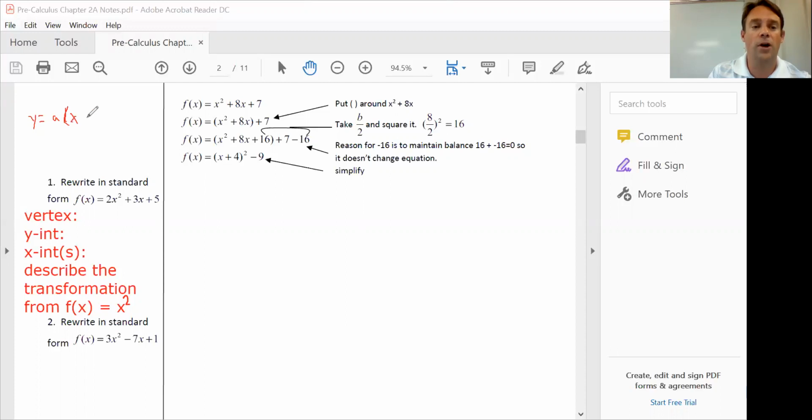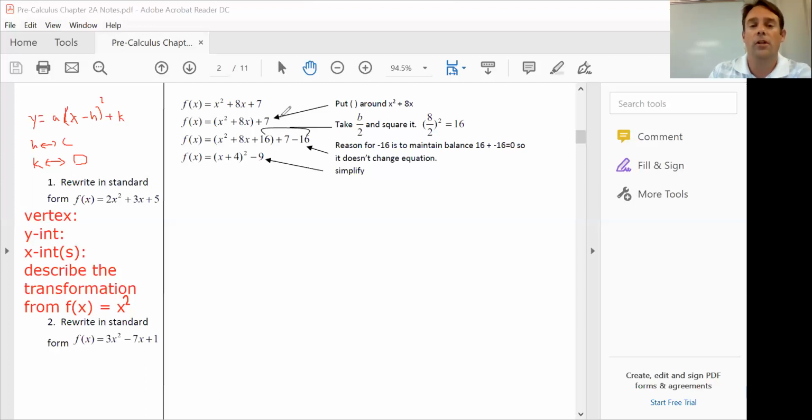We're going to have x minus h, and h really is the same thing as our c value, so it talks about the shift left and right. And then we're going to have plus k, and just like we said back in unit 1, k is really just like our d. So k will tell us the vertical shift.